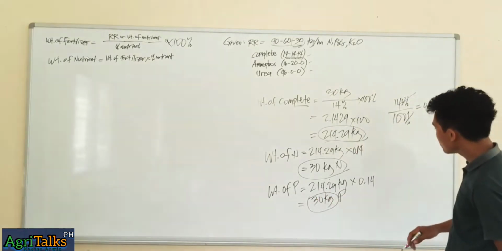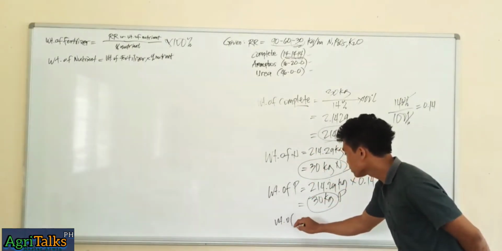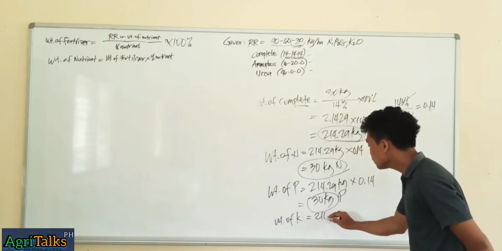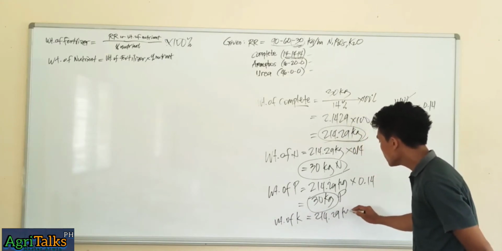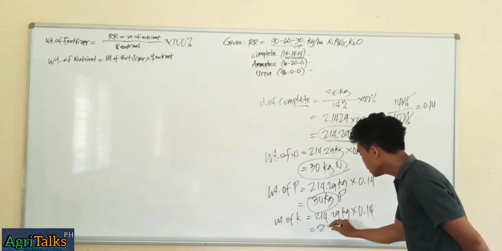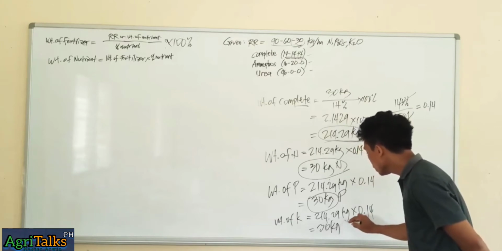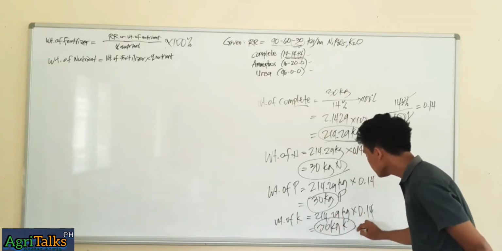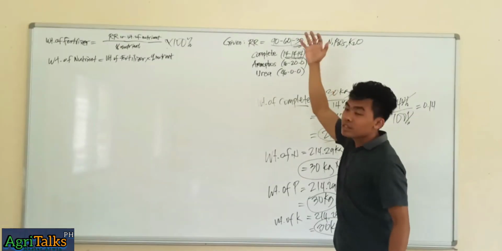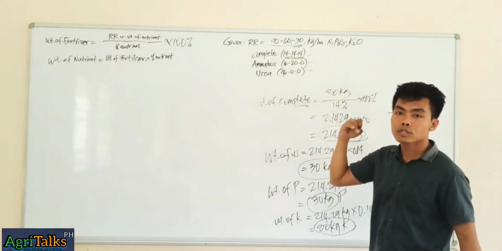And for potassium, the same process. Weight of potassium is equal to 214.29 kilograms times 0.14. That would also be 30 kilograms of potassium. So now, you satisfy the 30 kilograms of nitrogen, phosphorus, and potassium.